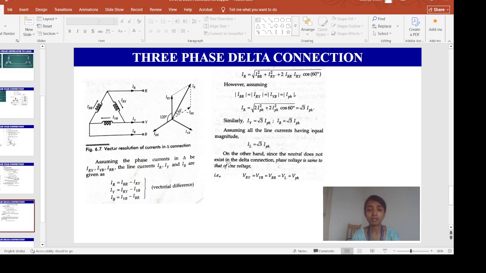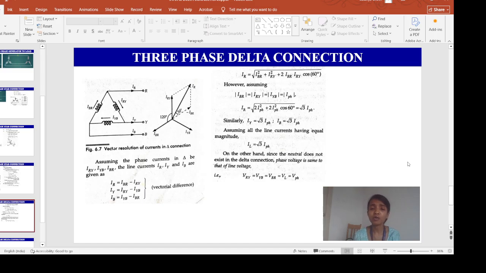In a star network we need a neutral and two separate voltages, but in a delta network we don't need any neutral wire, and the delta connection is mainly used for high voltage systems.